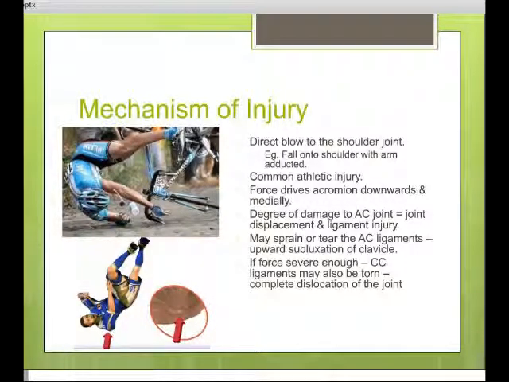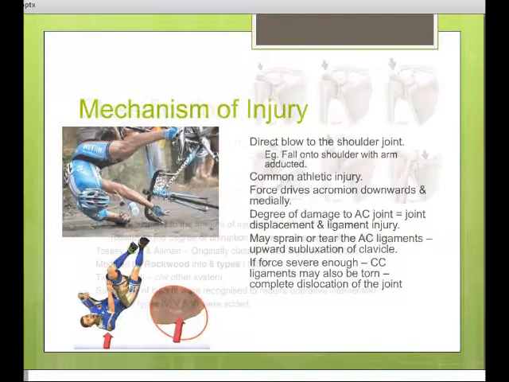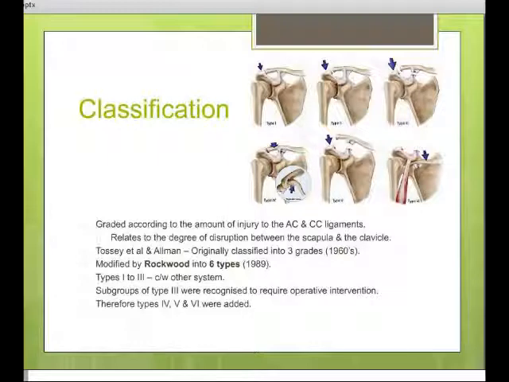The classification of this injury is graded according to the amount of injury to the AC and CC ligaments, which relates to the degree of disruption between the scapula and the clavicle. Tossi and Ullman originally classified this into 3 grades. That was in the 1960s. However, this was later modified by Rockwood into 6 types in 1989.